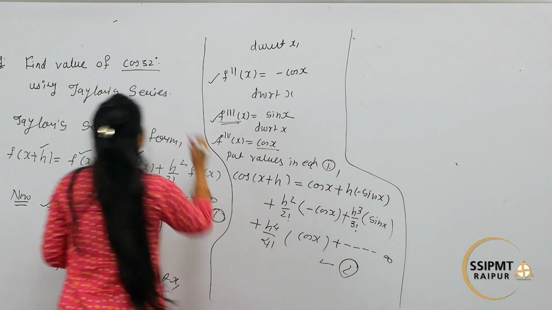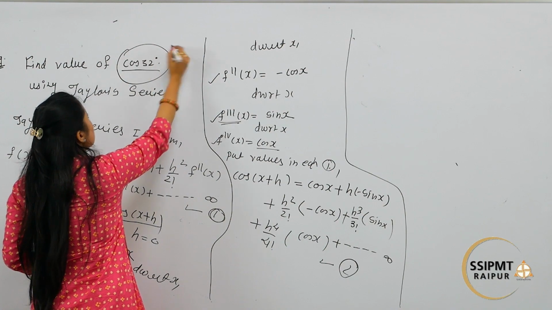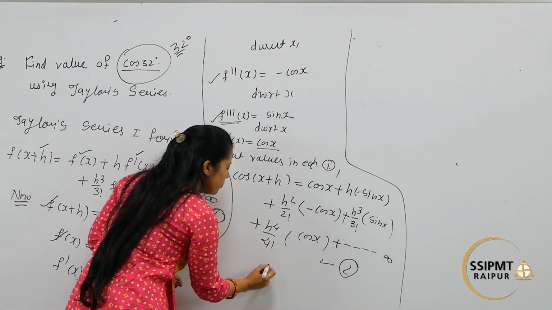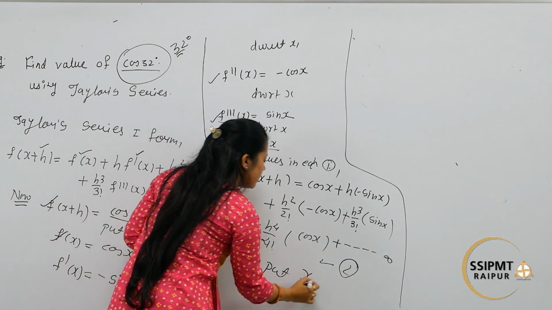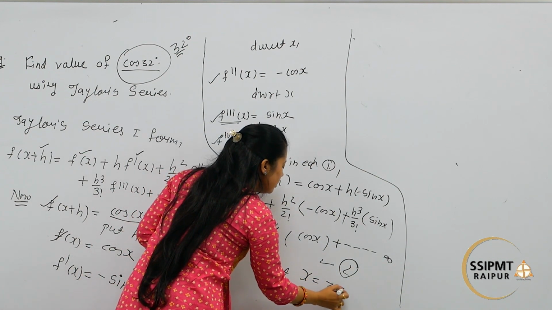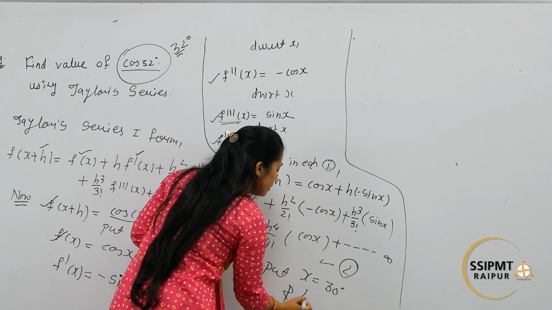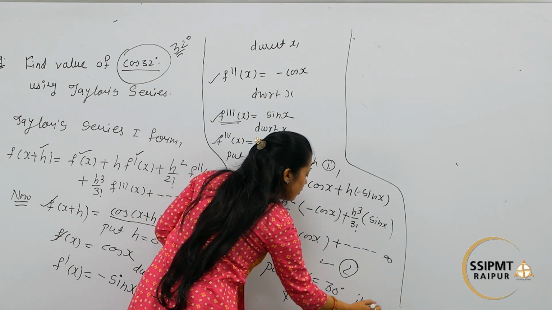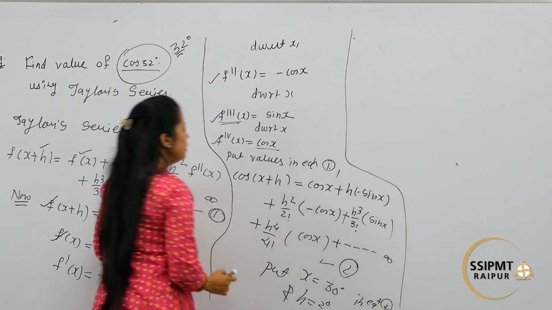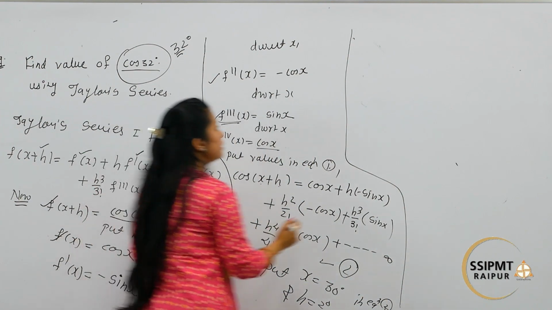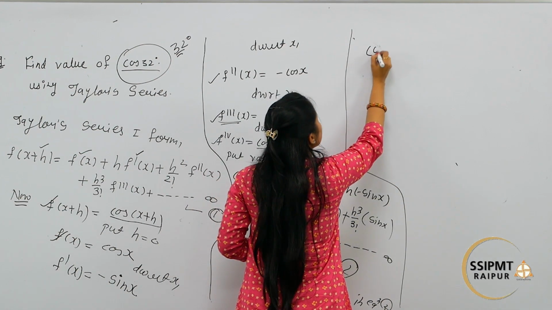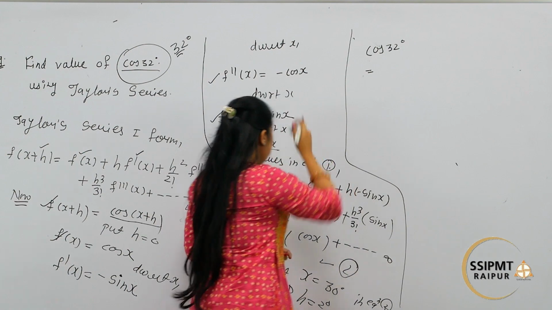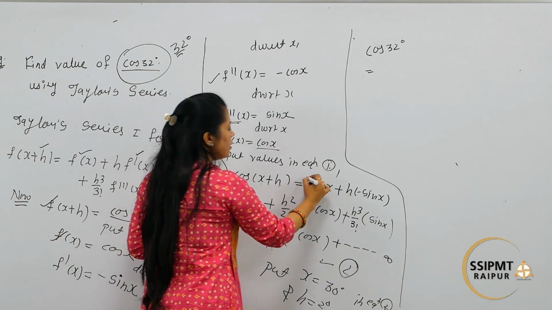Since we have to calculate the value of cos 32 degree, we put x as 30 degree and h as 2 degree in equation number 2. So 30 degree plus 2 degree, on the left hand side we have cos 32 degree. Let's see the right hand side.